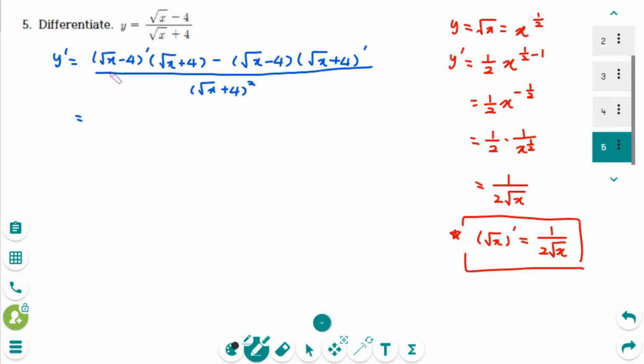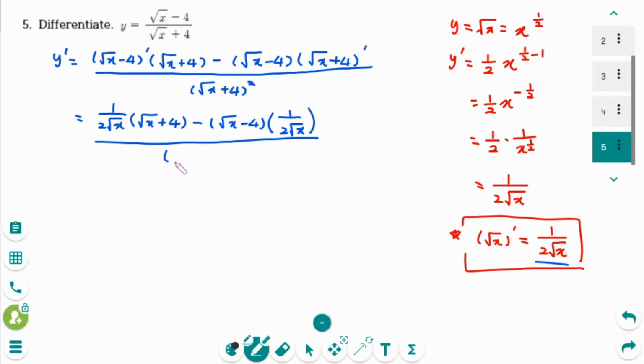First one, square root of x prime equals 1 over 2 square root of x times square root of x plus 4 minus square root of x minus 4 times square root of x plus 4 prime equals 1 over 2 square root of x over square root of x plus 4 squared, then times 2 times square root of x on each side.